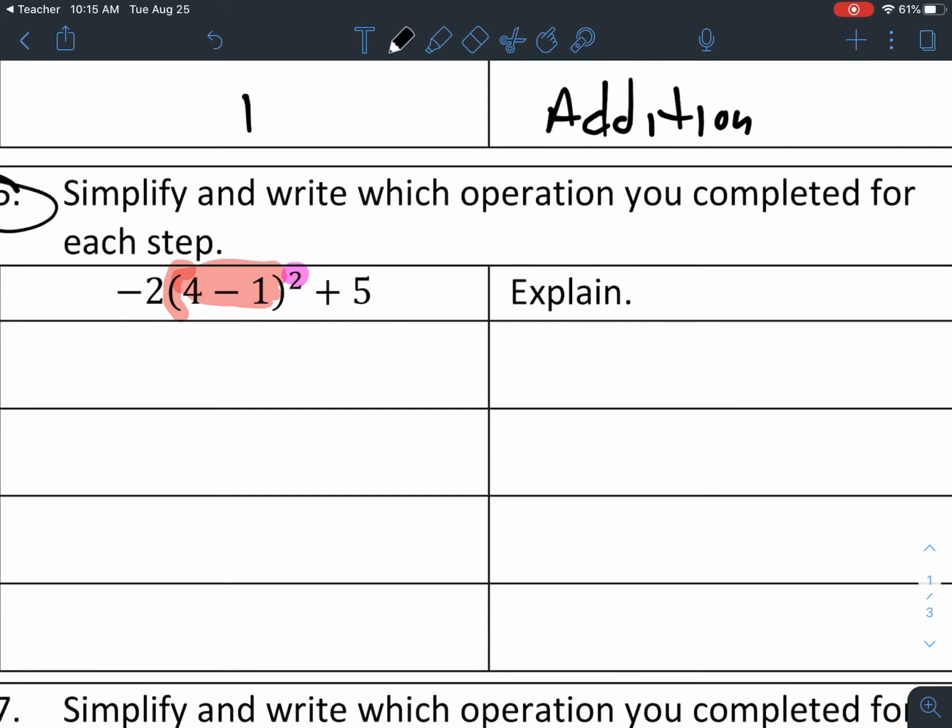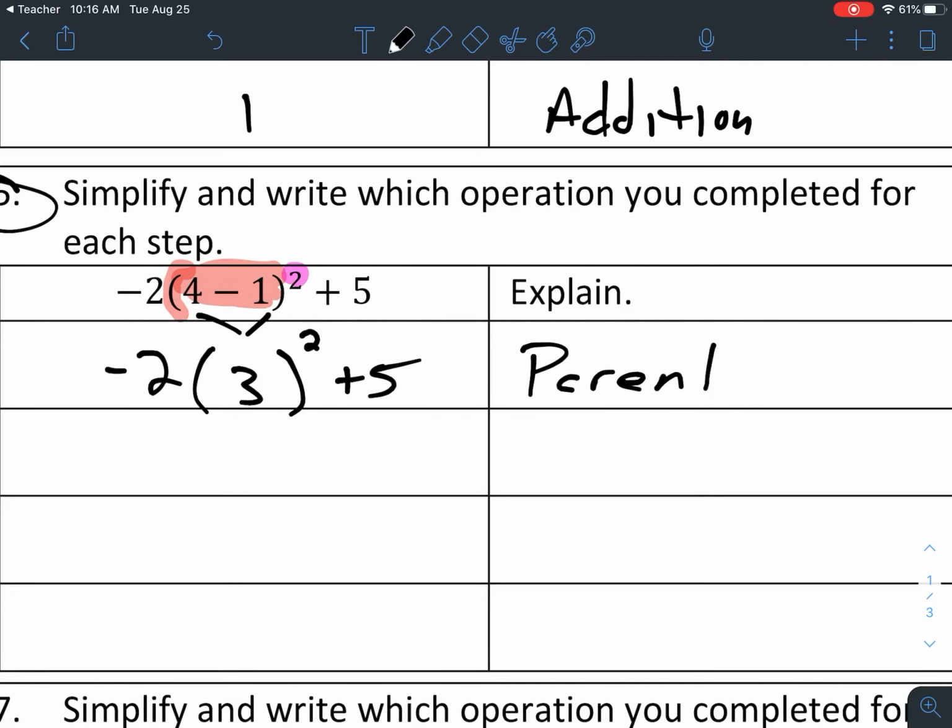So 4 minus 1 will leave us with 3 parentheses to the second power plus 5. So again, parentheses first. Now is when we want to do the exponent. Okay? So our next step, as I said, is exponent.